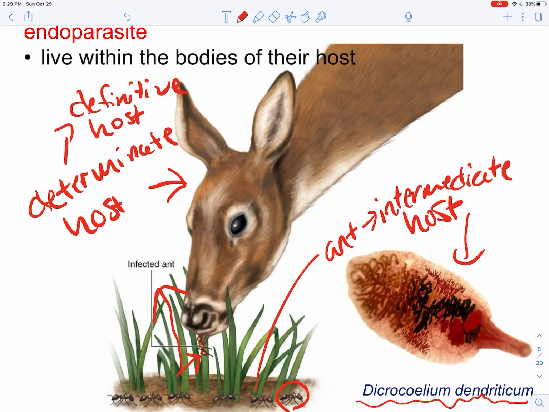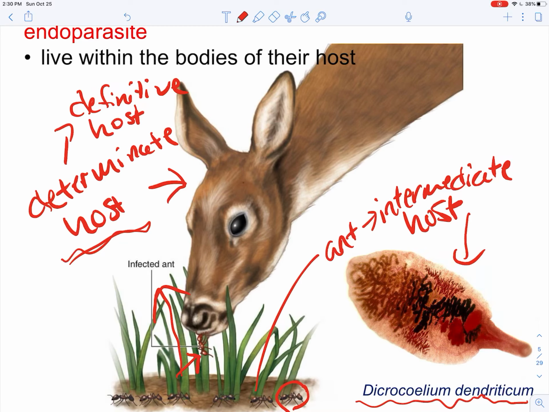So this flatworm will go through different types of juvenile stages, reaching adulthood within the definitive host. When it gets into the definitive host, it infects the bile ducts and liver of these grazing mammals. So this can happen in deer, cows, horses, pretty much any sort of grazing organism within its range.